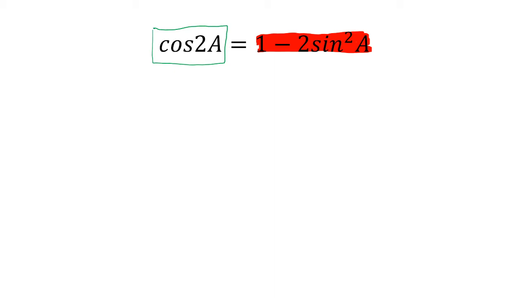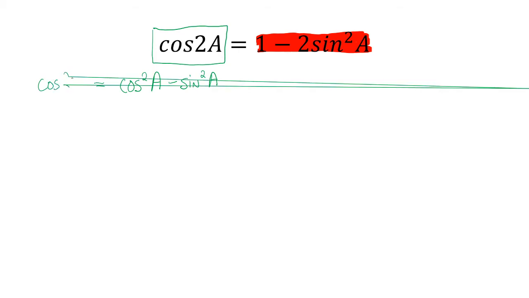The point is that we want to prove that this is actually the second identity on that card, and we want to prove that the left-hand side equals the right-hand side. So what we want to do is we want to take the first formula that we have. The first formula that I have is cosine squared A minus sine squared A equals cosine 2A.